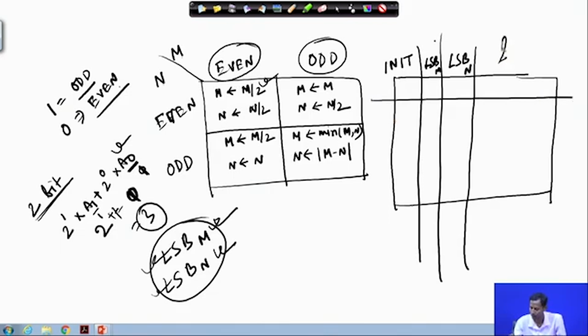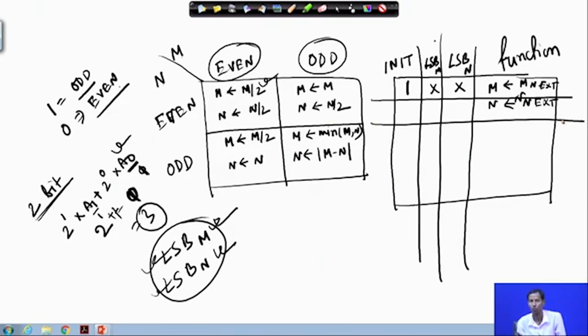But this is a function. Initially, what will happen? Whenever I have to initialize, at that time m will be loaded to m next and n will be loaded to n next. This is for the 1 cross 1 case.